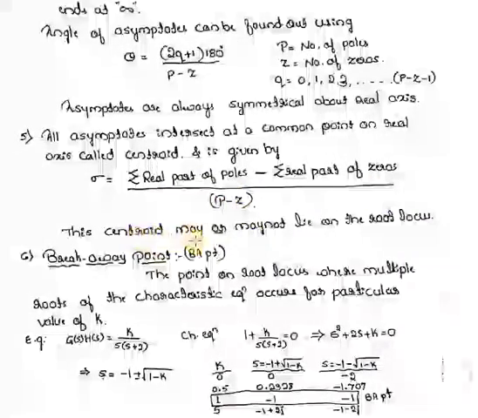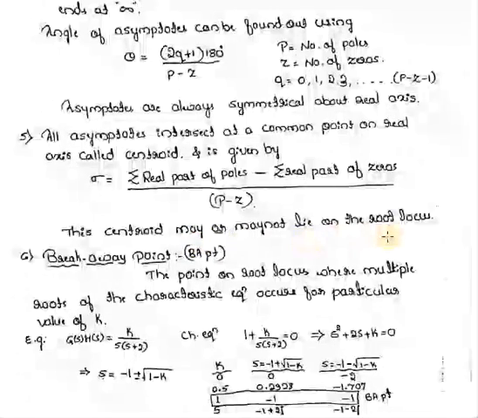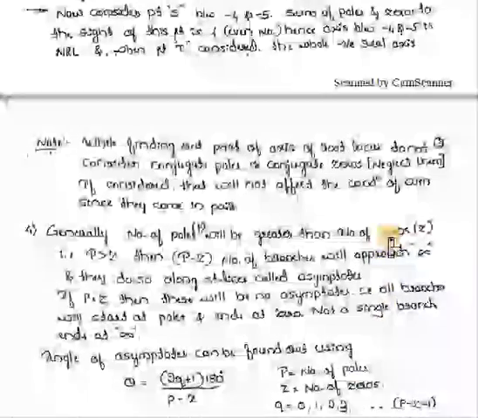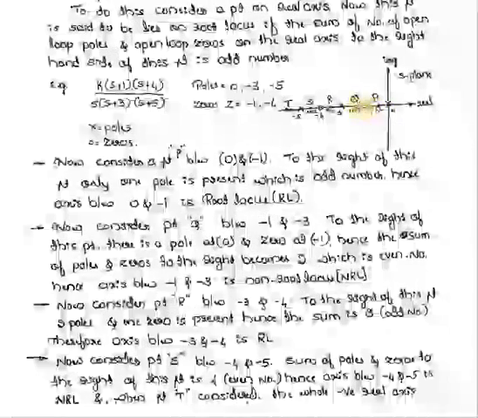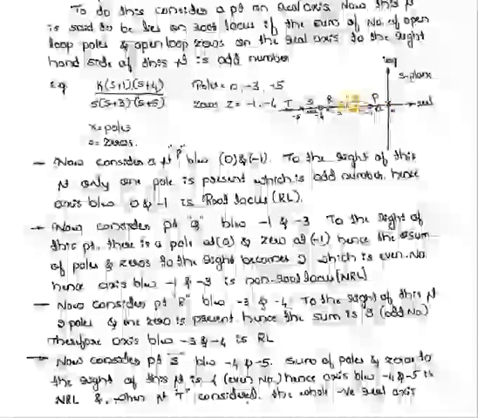This centroid may or may not lie on the root locus. It does not always have to lie on an RL part. Previously I determined this portion as RL and this as NRL. Your centroid may come either on RL or on NRL.